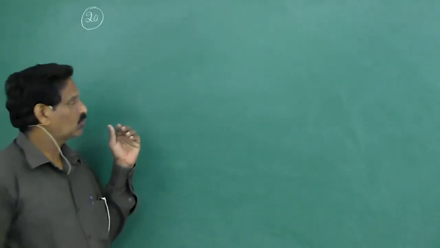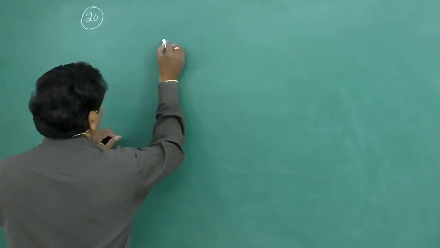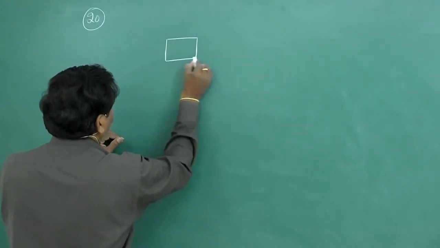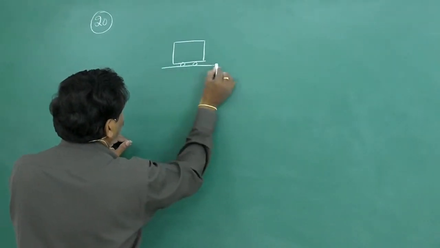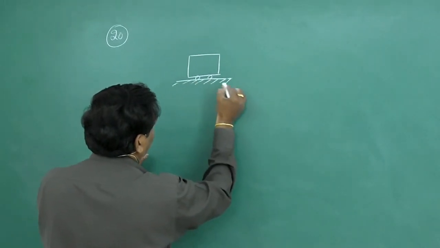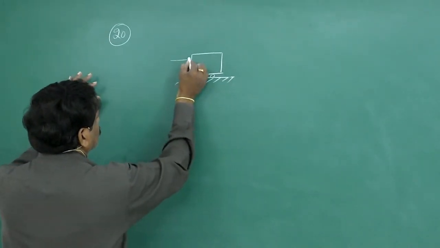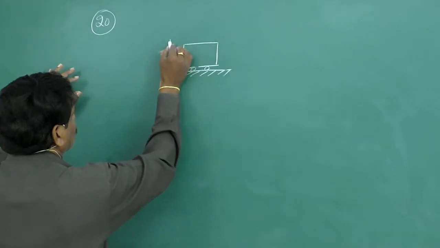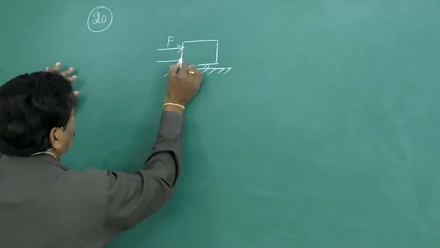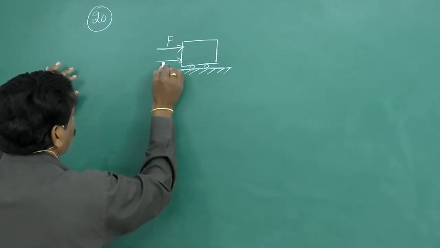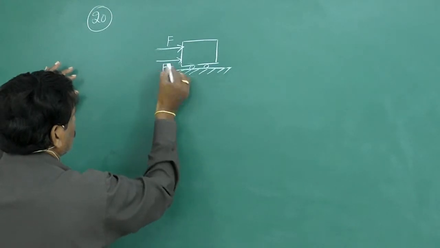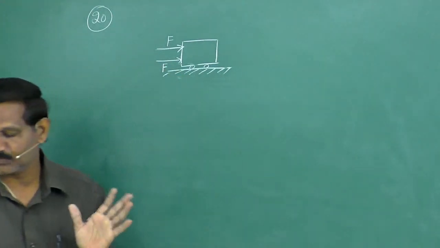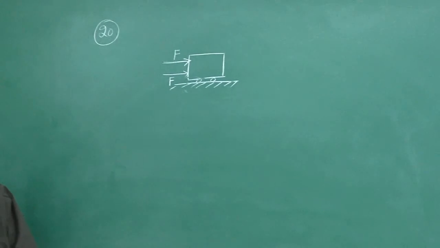So here two persons are applying force on a motor car like this, on a level road like this. This is one person applying a force of F, another person applies the same force F, because each person applies the same muscular force, that is given.